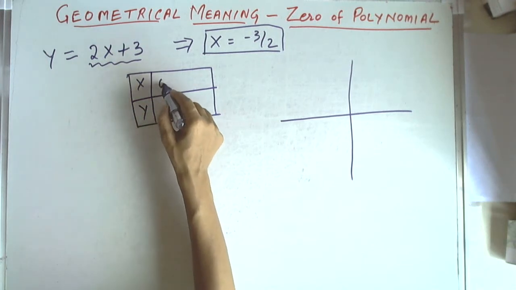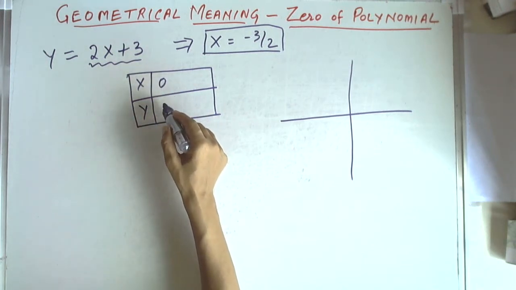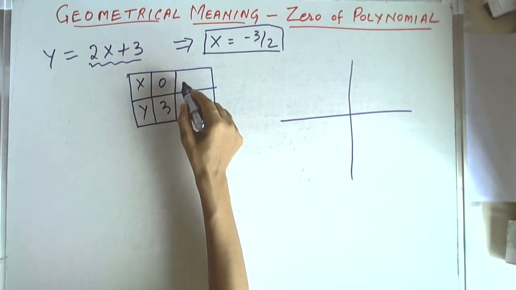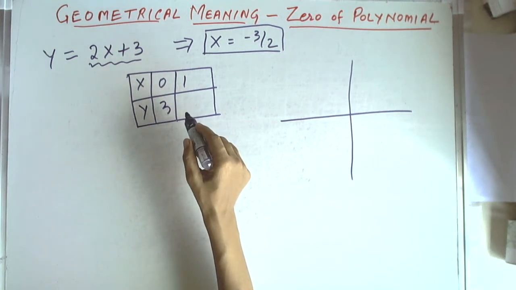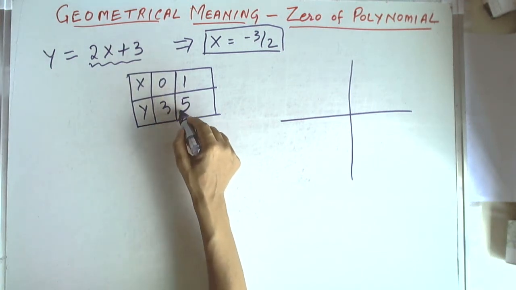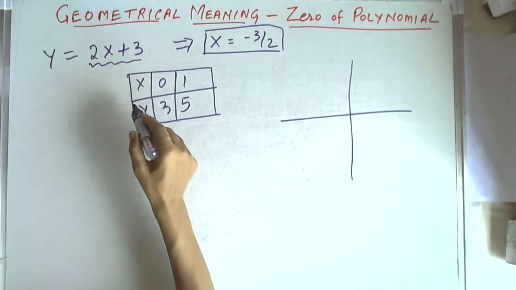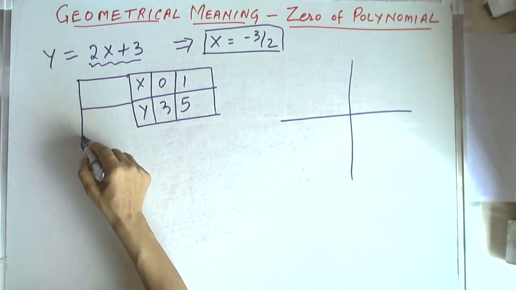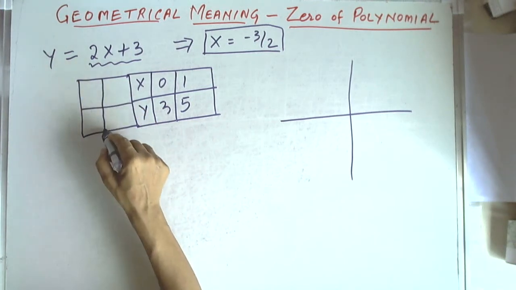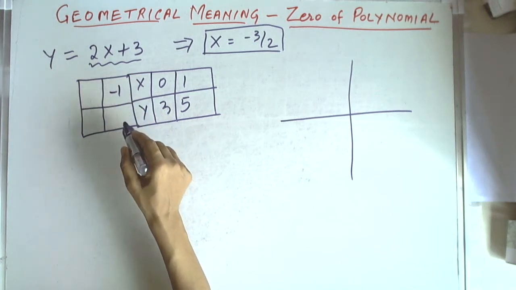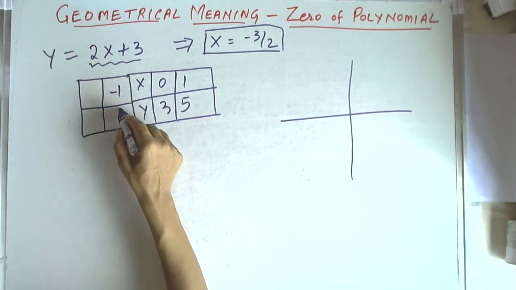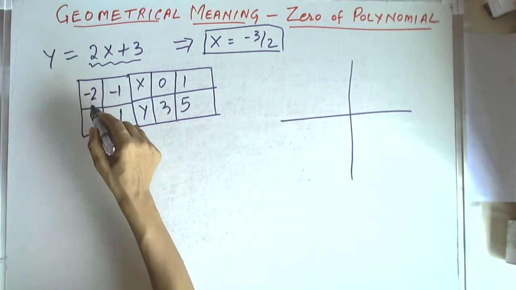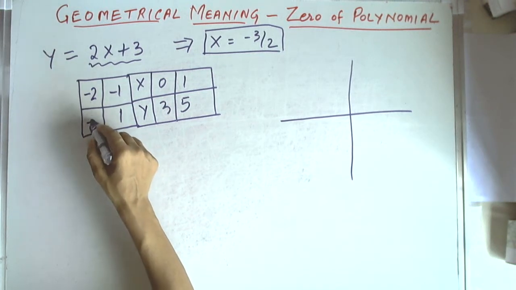So if x is 0, the value of the polynomial is 3, and when x is 1, the value of the polynomial is 5, and if we take the value of x as minus 1, then the value of the polynomial is plus 1, and when x is minus 2, it is minus 1.